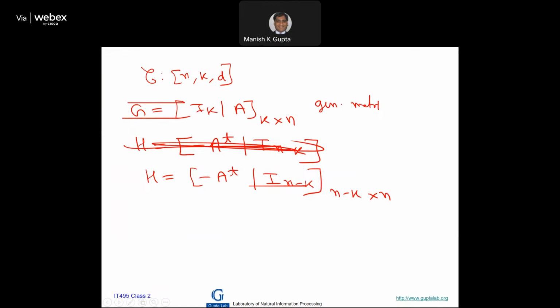If the generator matrix is given in this standard form, the standard form of H is this, the parity check matrix. I'll show you the relationship.